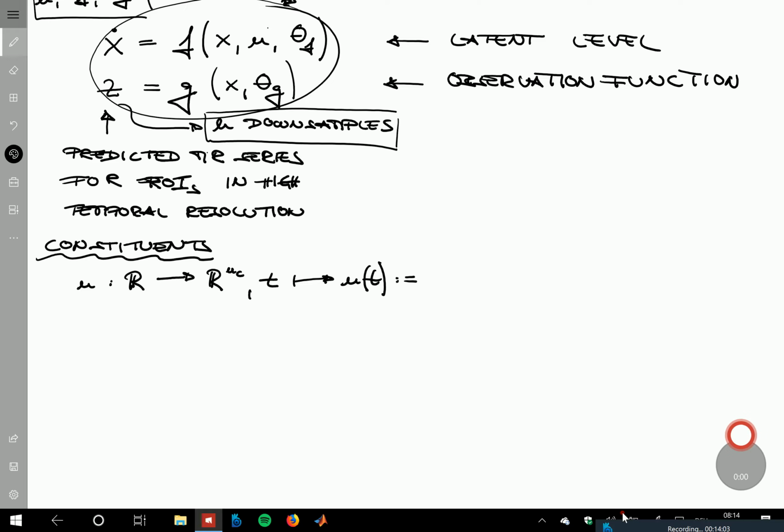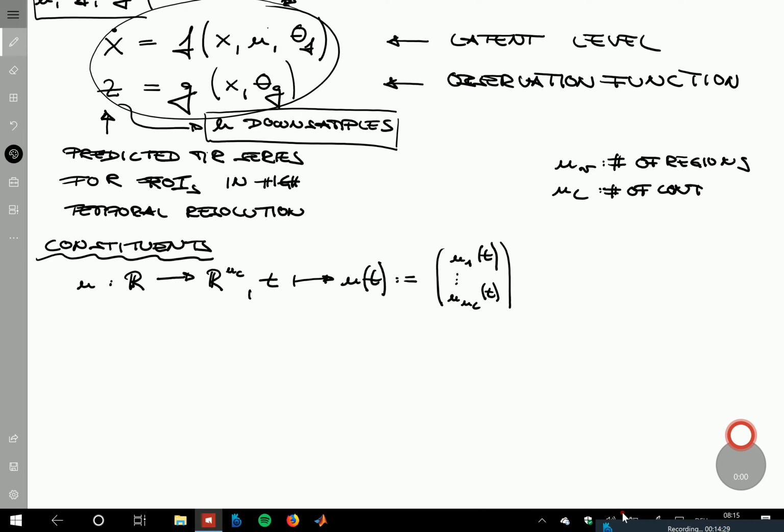This is exactly the same as we did last time. N_R is still the number of regions, and C is the number of conditions or experimental event types, however you want to call that. And U has not changed.